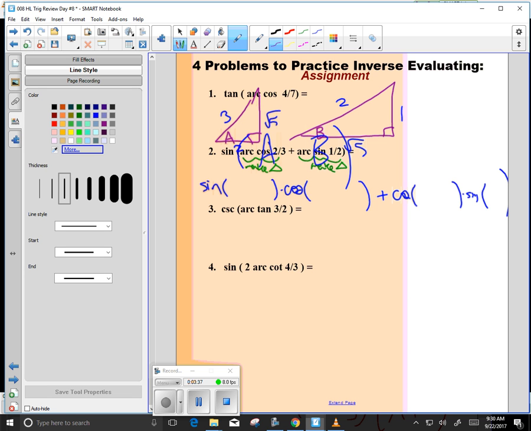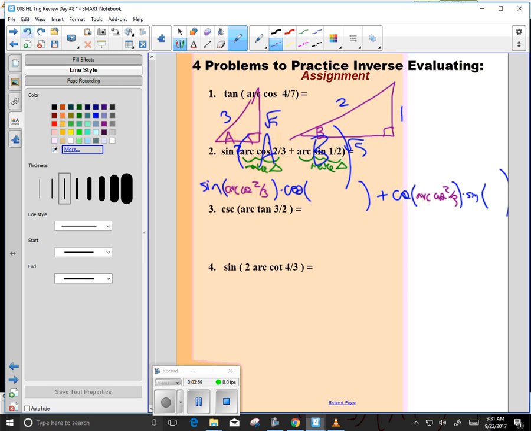So the first one, A, is arc cosine of 2/3.